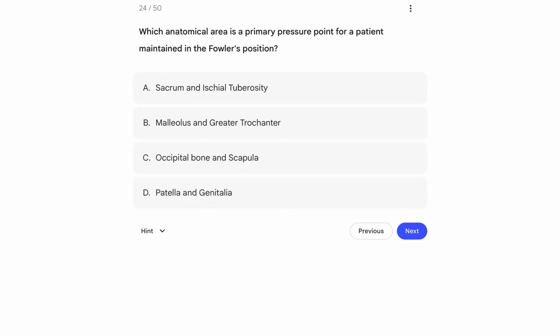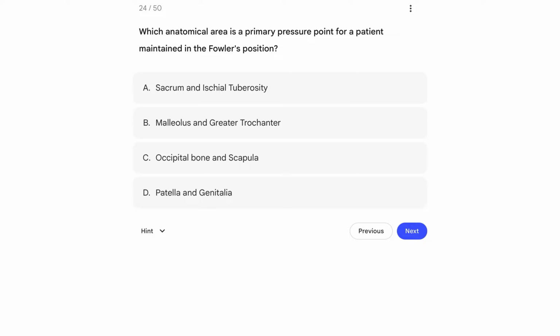Next question, 24th. Which anatomical area is the primary pressure point for a patient maintained in Fowler's position? I already said this one in the pressure ulcer class, isn't it? In the pressure ulcer class, we said which is the most common pressure point or bony prominence which causes pressure ulcers.